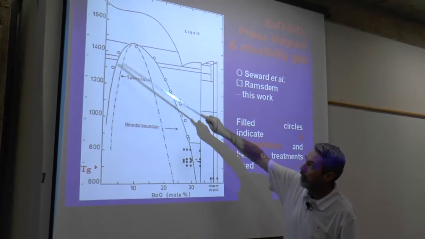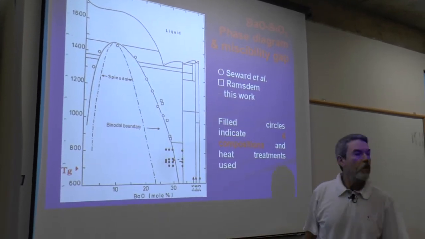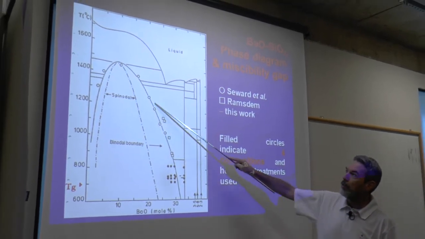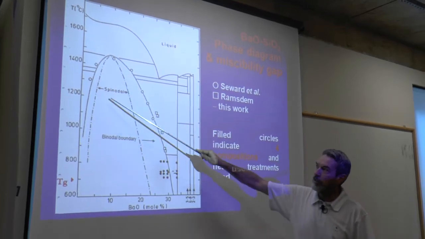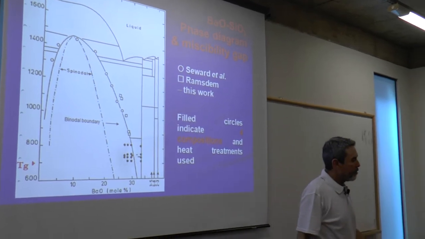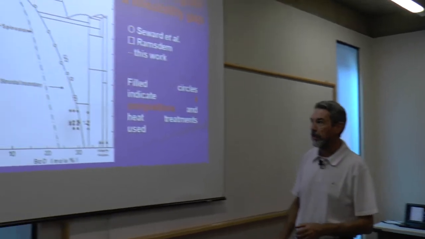This is temperature, this is composition. And there are two boundaries: the so-called binodal boundary, and inside there is the spinodal boundary.